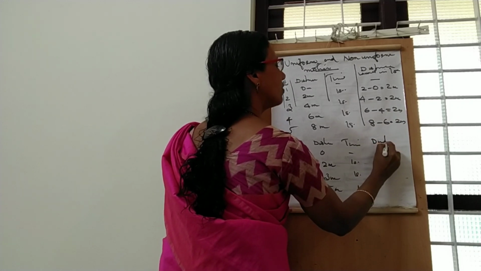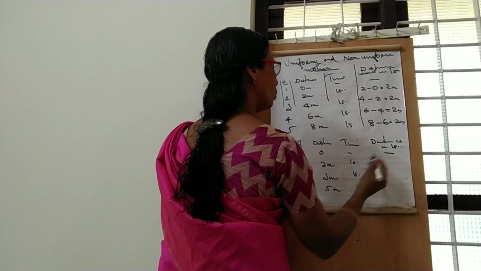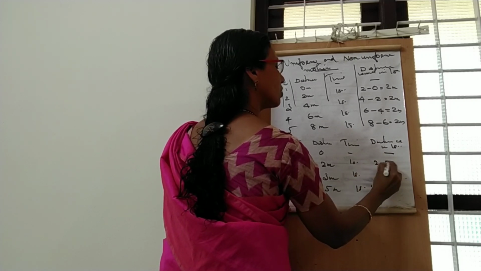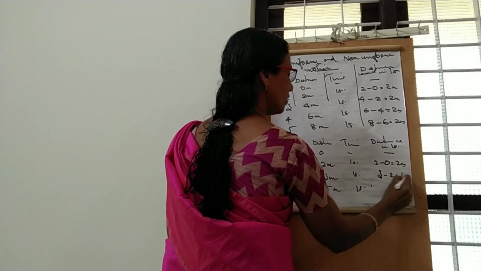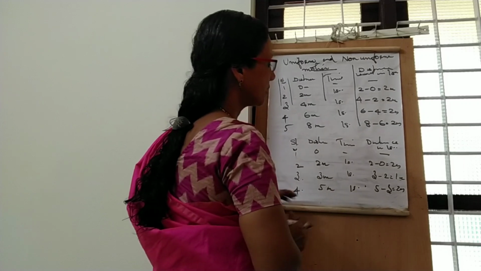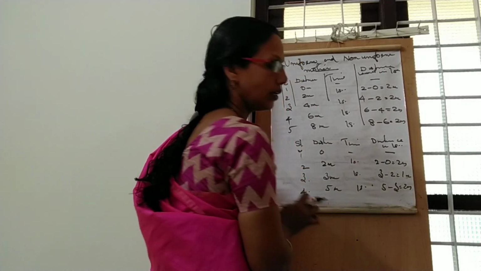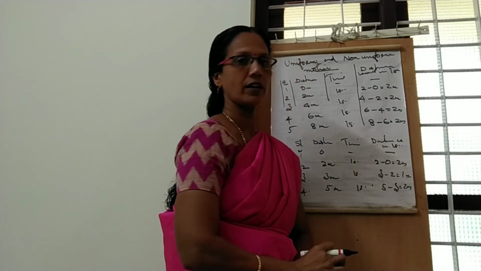That's the distance covered in 1 second. 2 minus 0, it's 2 meter. 3 minus 2, it's 1 meter. 5 minus 3, it's 2 meter. That means unequal distance in equal intervals of time.